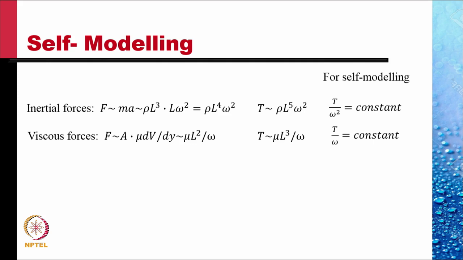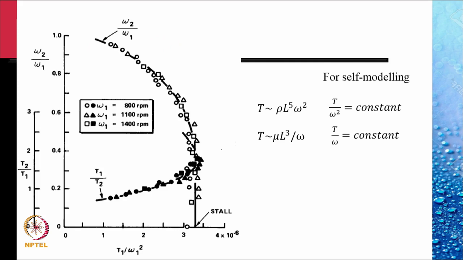Input torque and the output torque. Input rotation omega 1 and output rotation omega 2. And if we plot the curves against T1 divided by omega 1 squared, the pump side value of torque and omega, the value of omega 2 by omega 1 and the value of T2 by T1 are obtained as these.